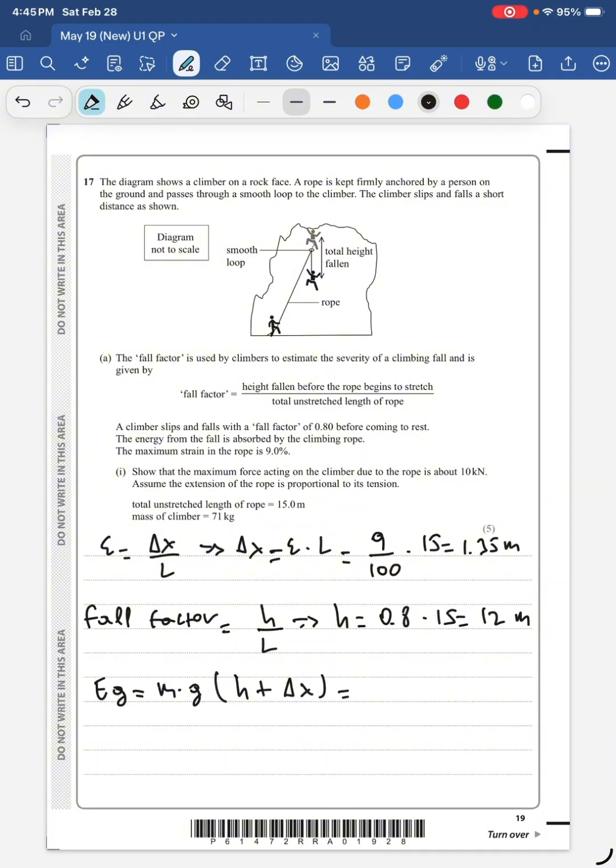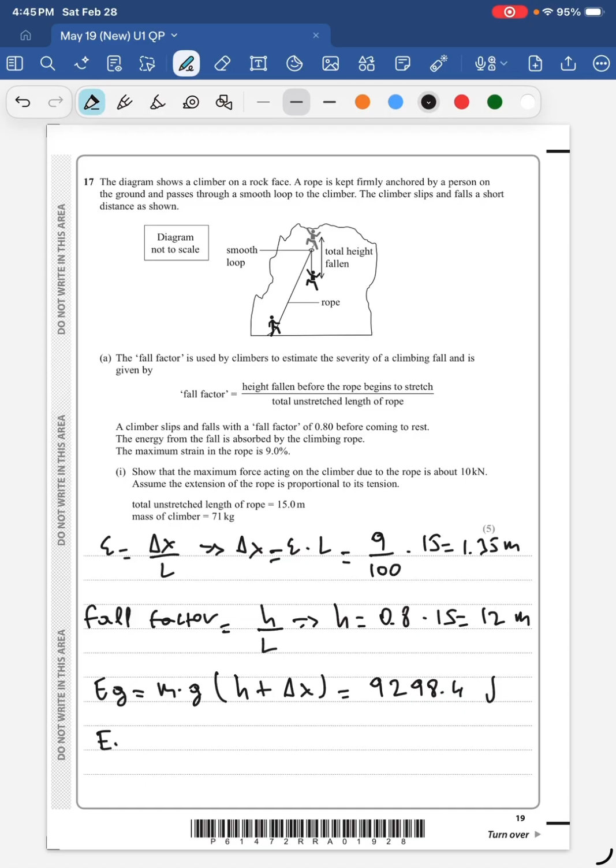Let me do the calculation really fast. That gives us 9,298.4 joules.